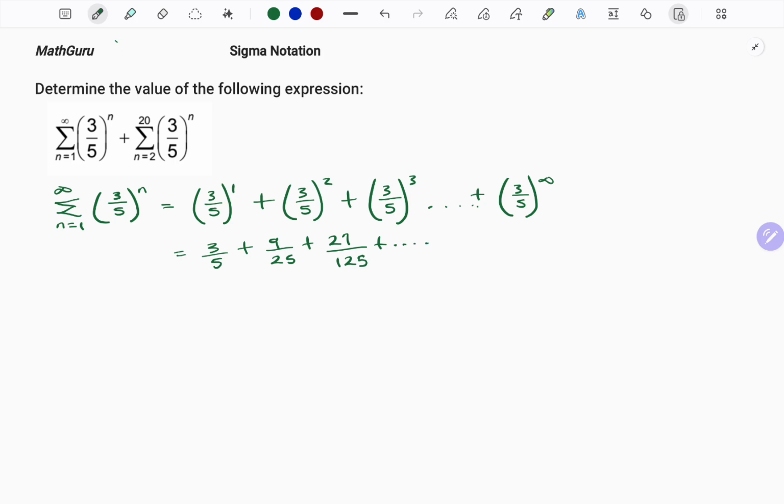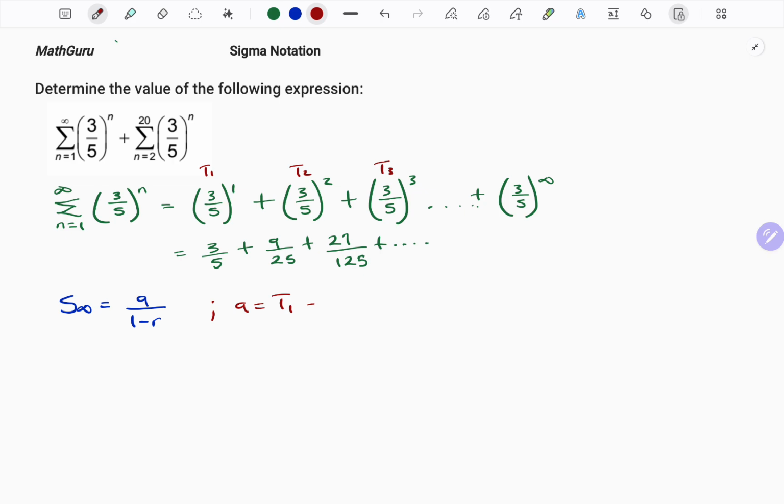Note that the formula for finding the sum to infinity of a GP, or geometric progression, is S infinity equals a over 1 minus the common ratio. Starting with a, that is my first term, so a equals t1. Note that this is my t1, this is my t2, this is my t3, to infinity.